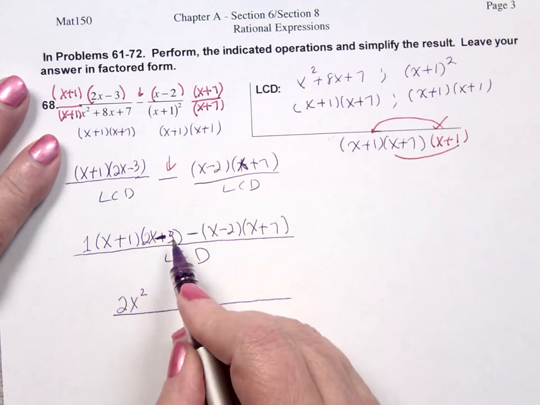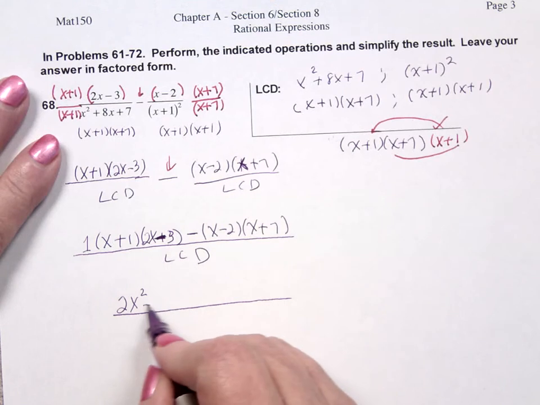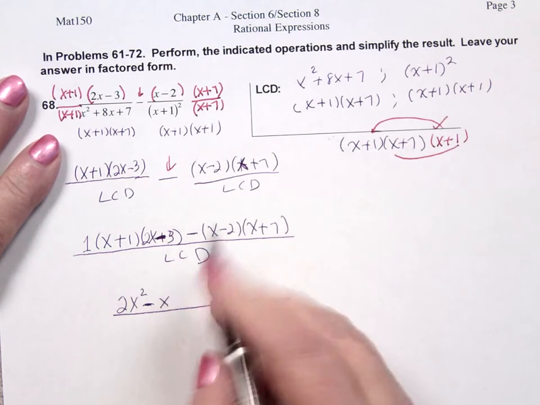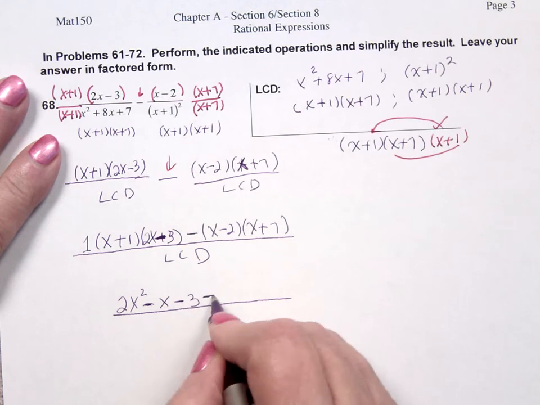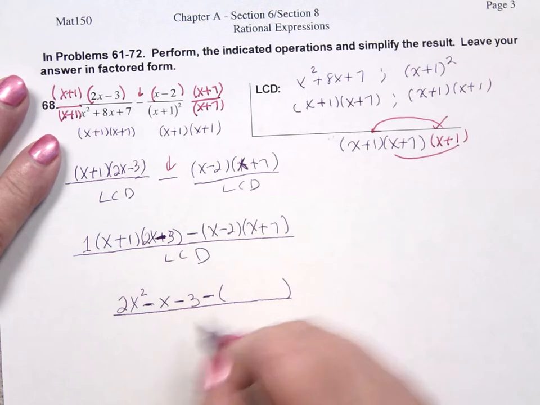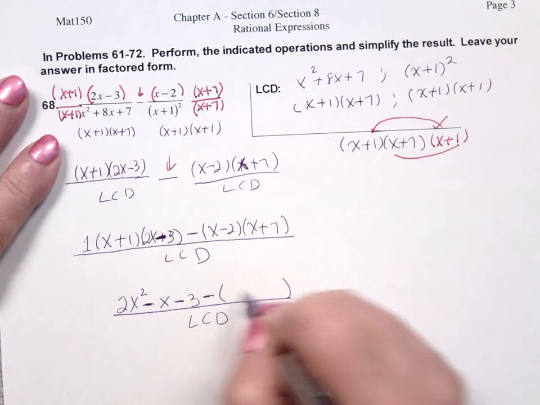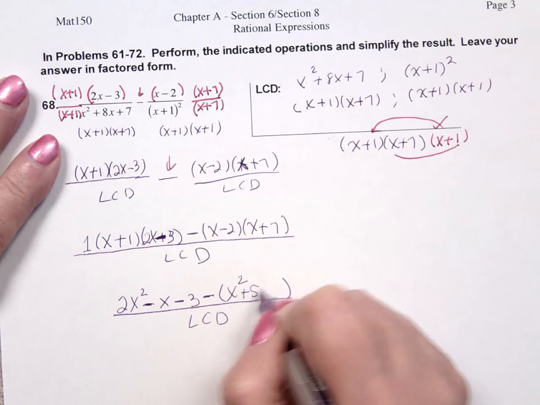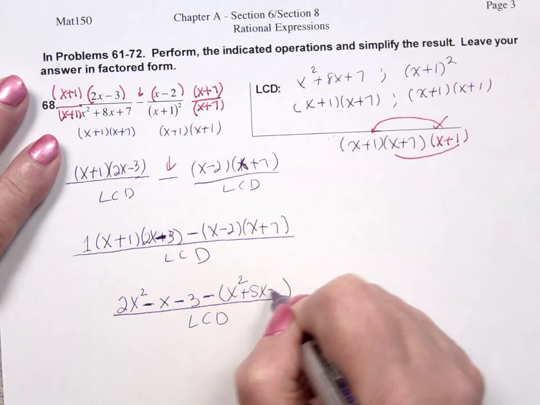Plus and minus, so it's going to be minus x, and minus 3, subtract, and now I'm going to leave the parentheses in there because all the signs will change when I'm done. This is over the LCD. So x squared plus 5x minus 14.